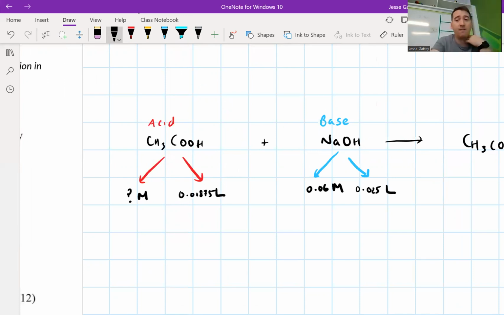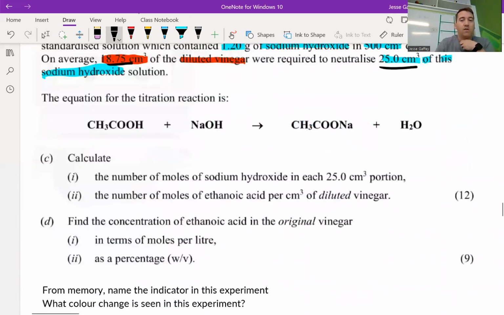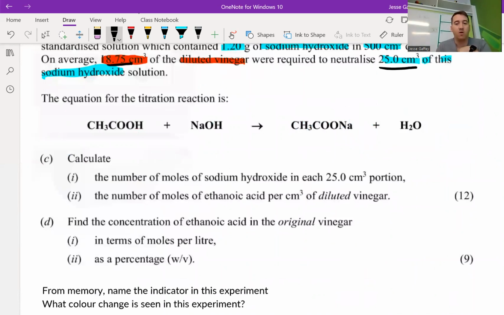So we've got a lot of information done there and now we need to figure out what way they want us to do the questions in. Well, the first thing it asks us to do is work out the number of moles of sodium hydroxide in each 0.025 liters, which we worked out a second ago, portion. So what we know is moles per liter at the minute, and we want to go to the number of moles.